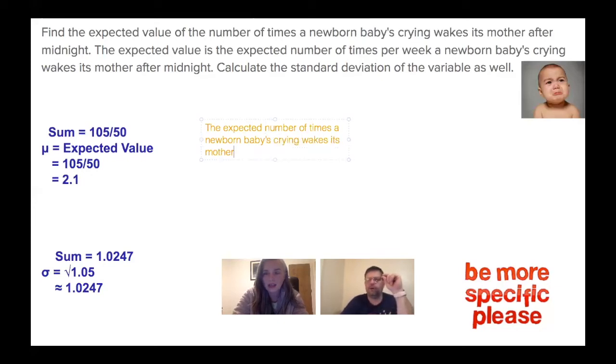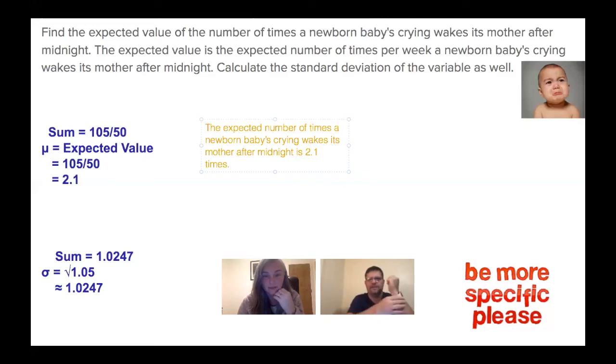She is so smart right now. The easiest thing is literally spit back exactly what's in the problem and then throw your number after it. It is 2.1 times. Yep. If you just copy the text of the problem back in your conclusion, you're golden because they can't argue with what they told you. Okay.